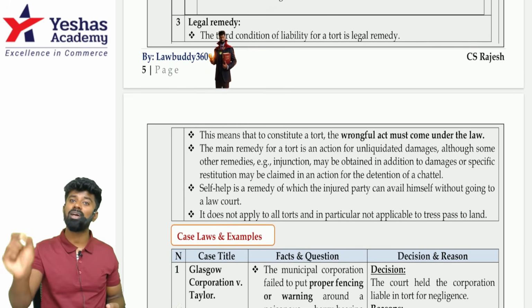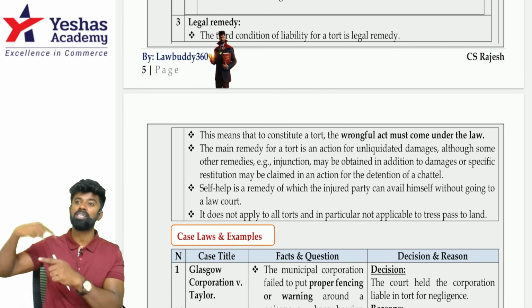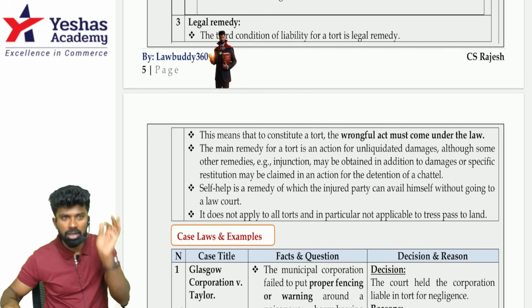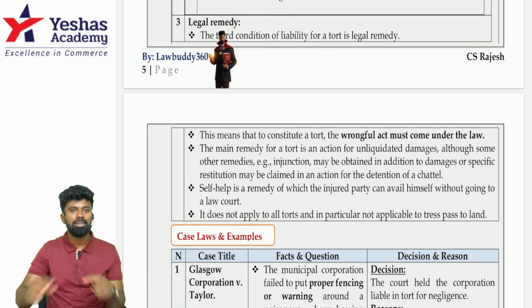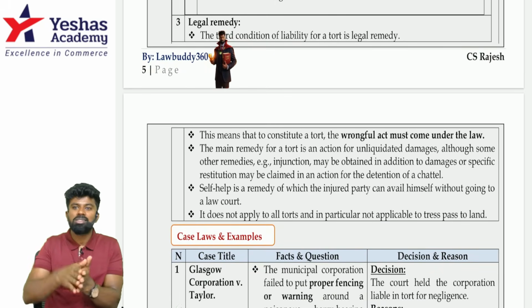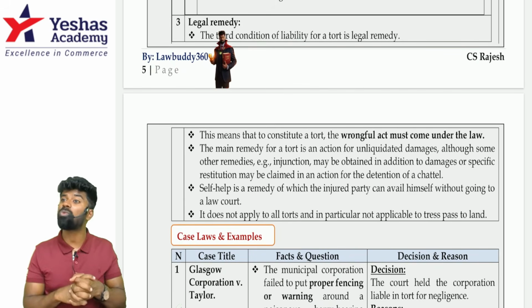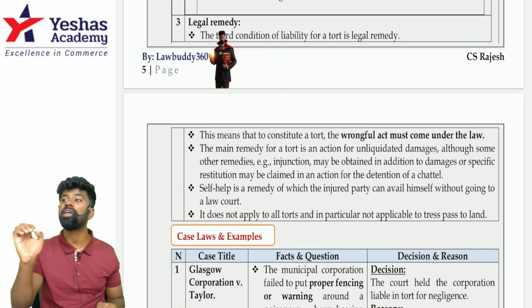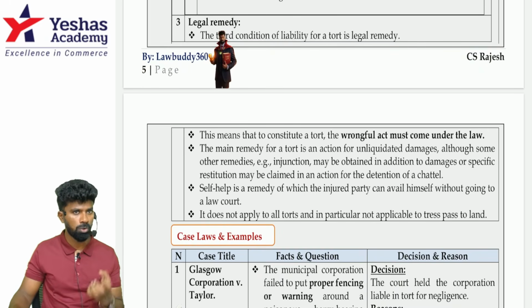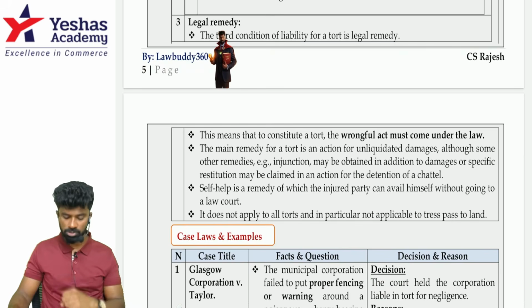There can be other remedies as well, which are given even in case of breach of contract. But the main ingredient which distinguishes a civil wrong from a tort is that in case of tort, the remedy is unliquidated damages.